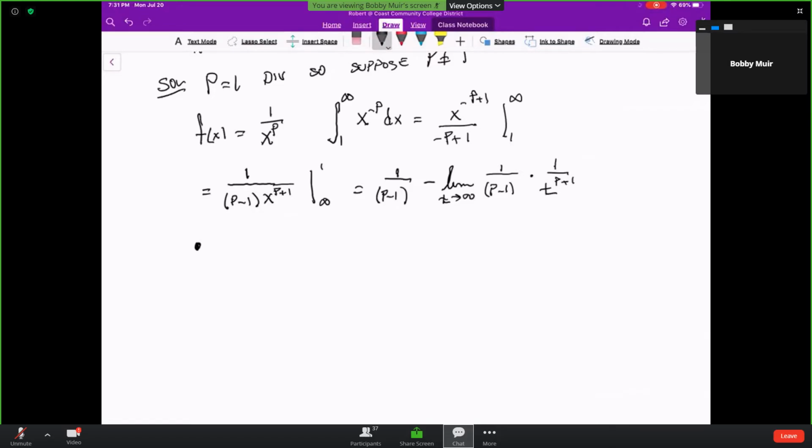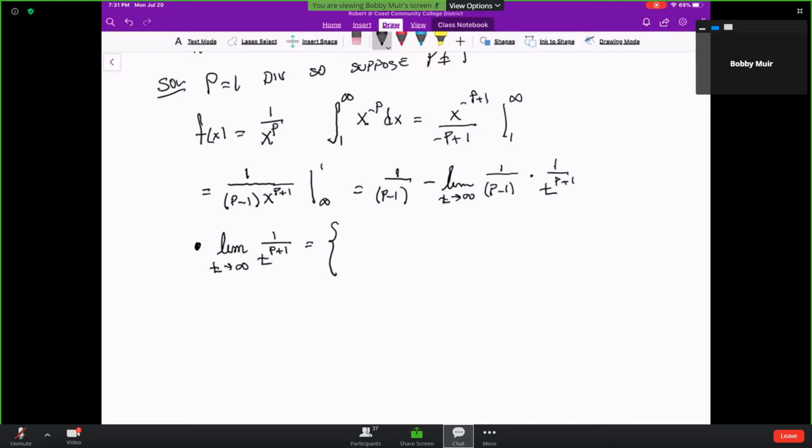This integral comes down to figuring out what's going to happen to this. Well, it can be two different things.